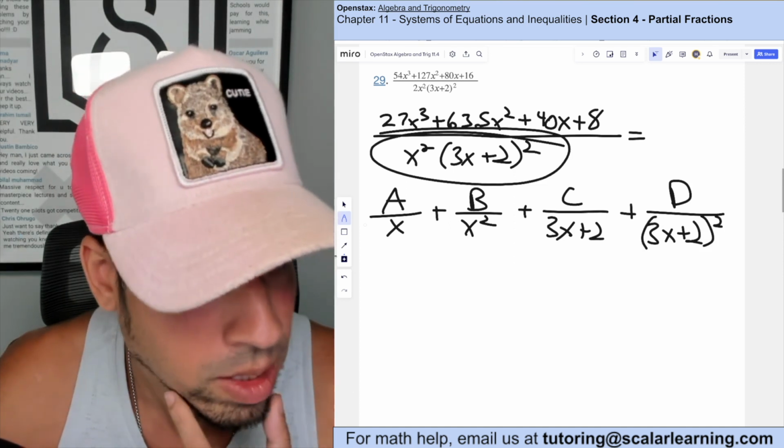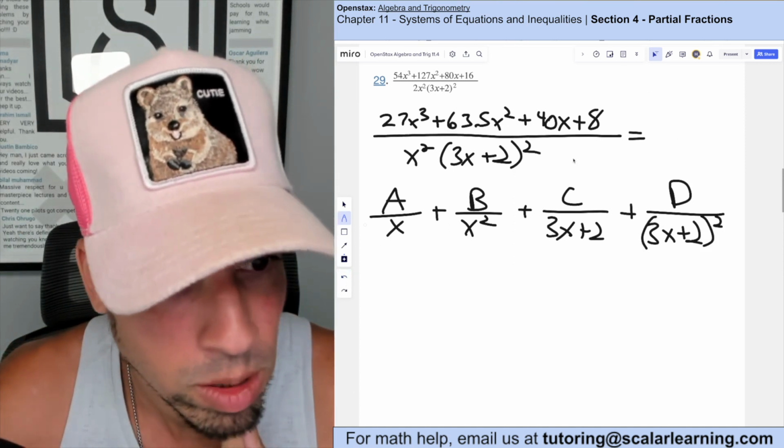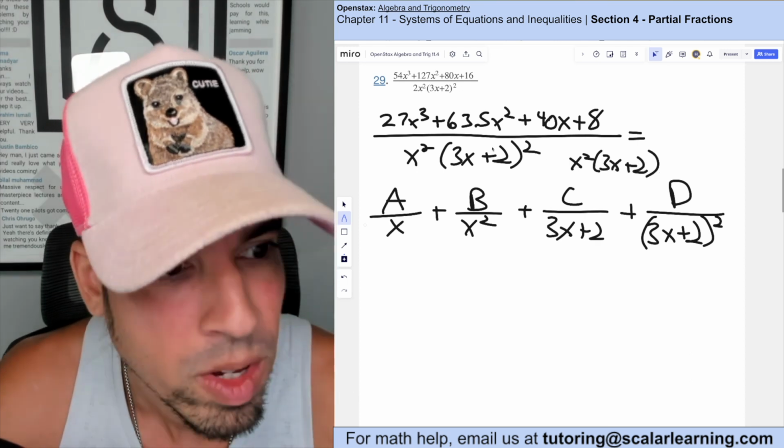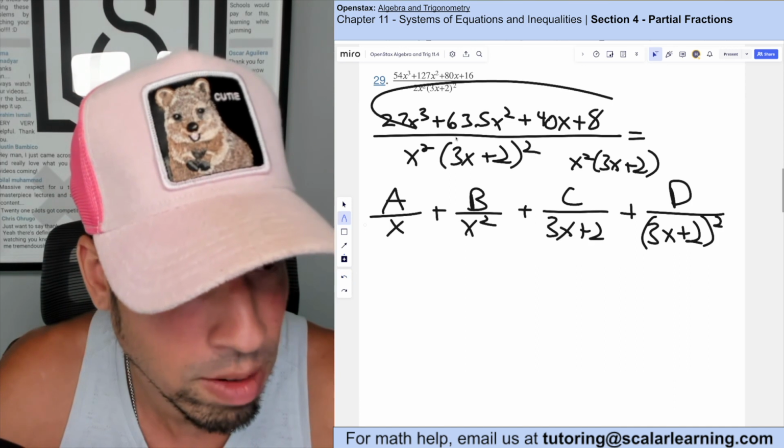Now we're going to multiply everything by this denominator, right? We're going to multiply everything by x squared times 3x plus 2. Of course, that's going to cancel this out, so we just have this expression.